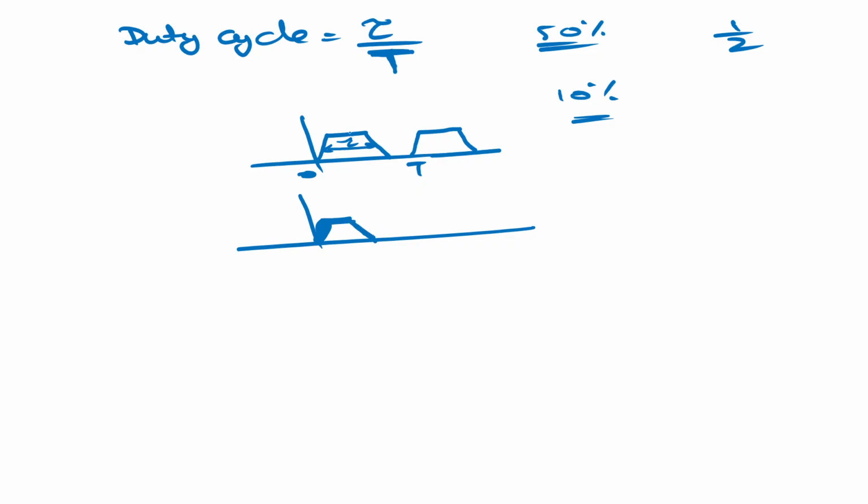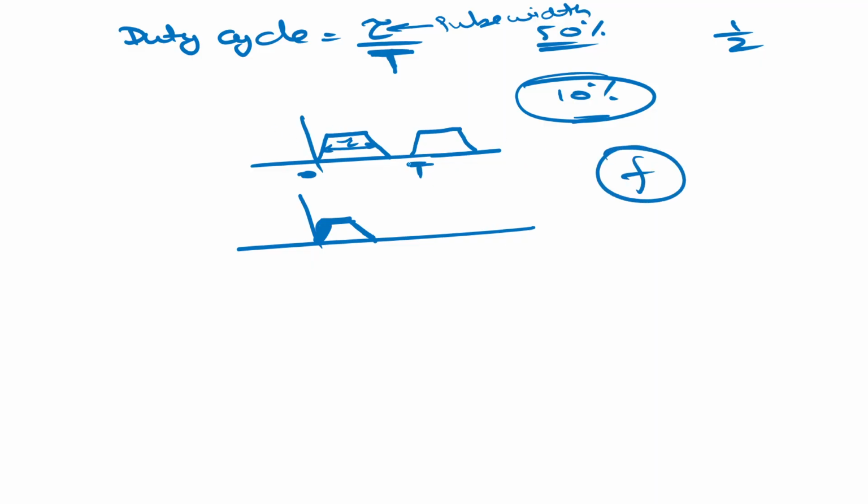So some changes will be there in the signal, but the time period will remain the same. If we are changing from 50% to 10%, that means we are changing the pulse width. We are not changing the time or frequency of the signal. It remains the same. The only change is that the pulse width will reduce if you are reducing the duty cycle, and increase if you are increasing it.